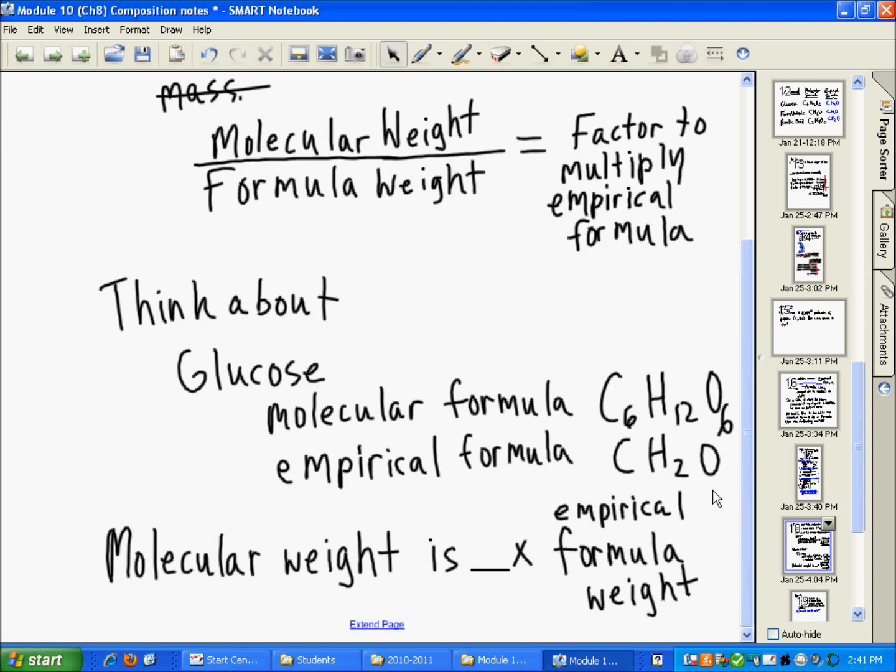In other words, the molecular weight of glucose will be 6 times the empirical formula weight, because the difference is 6 times the number of atoms. This is the reverse of the calculation I've just shown. So if you were to do this calculation for glucose, you should get a 6. And 6 is the number to multiply the empirical formula by to get the molecular formula.